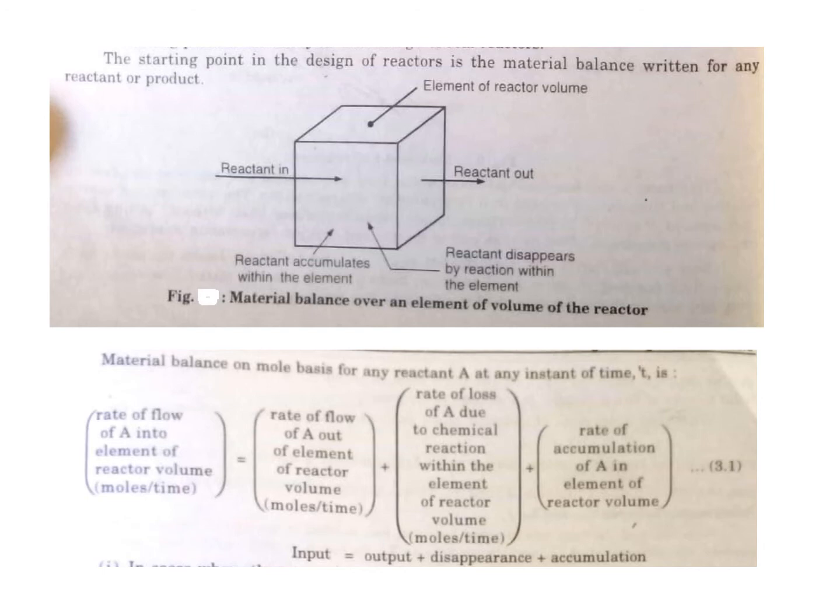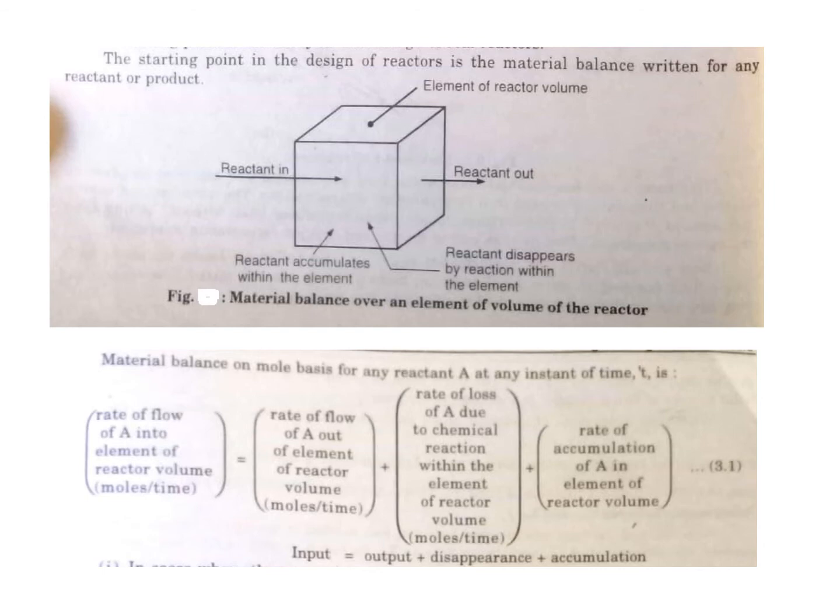In the form of an equation, the material balance on a mole basis for any reactant A at any instant of time t is derived as follows. On the left-hand side we put the rate of flow of A into the element of reactor volume in moles per unit time, which is equal to the rate of flow of A out of the element of reactor volume in moles per unit time, plus the rate of loss of A due to chemical reaction within the element of reactor volume in moles per unit time, plus the rate of accumulation of A in the element of reactor volume.